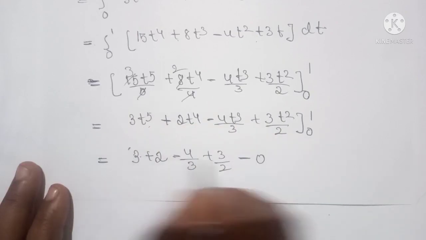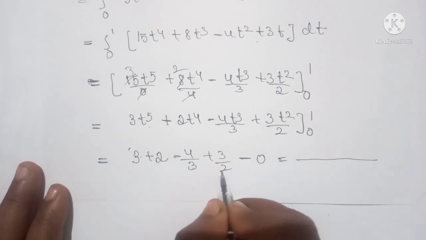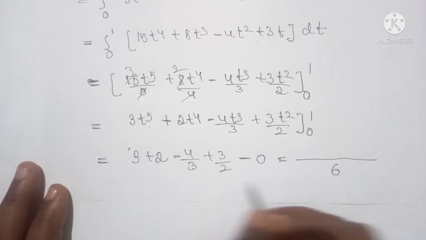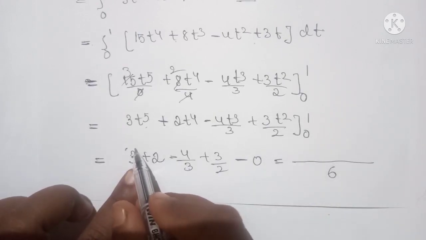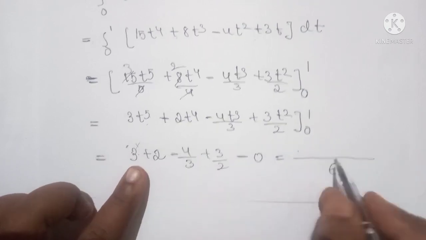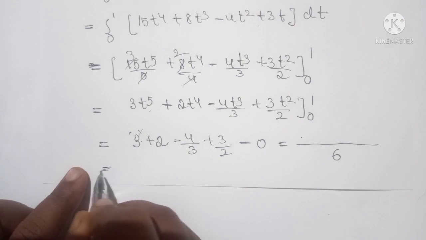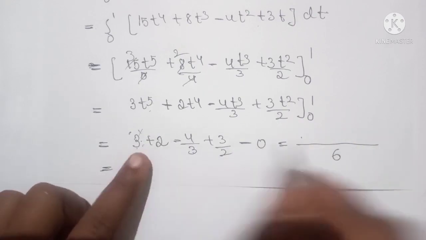Okay, so now further simplifying all this, we can take LCM as 3 into 2, 6. You can also simplify 3 plus 2 first, but directly I am taking the LCM.